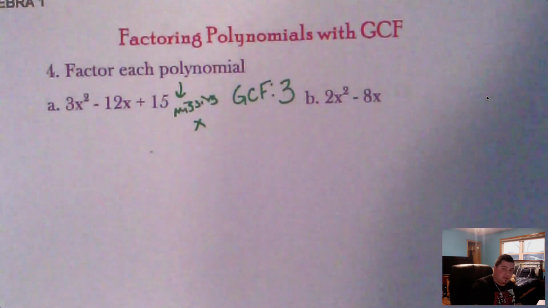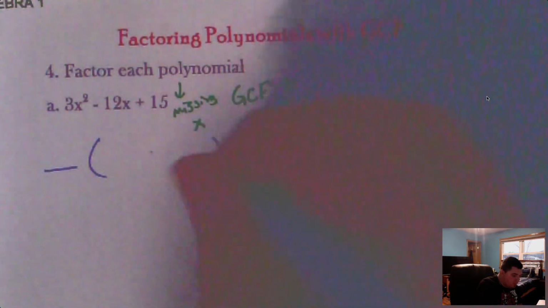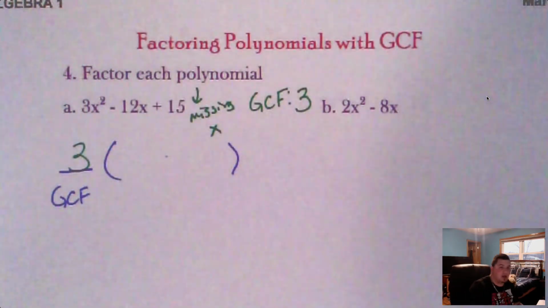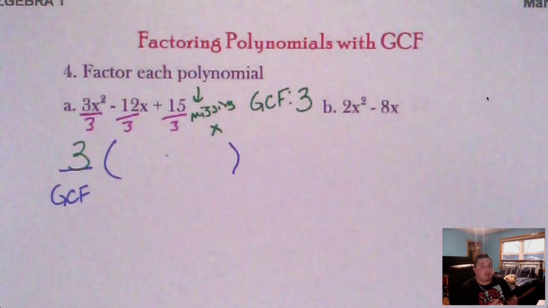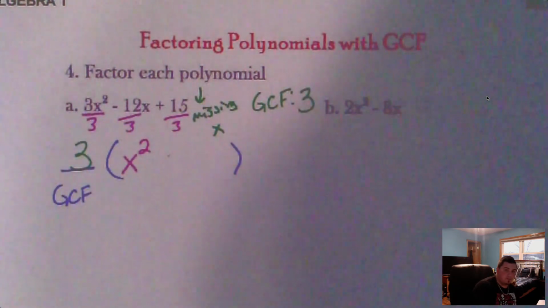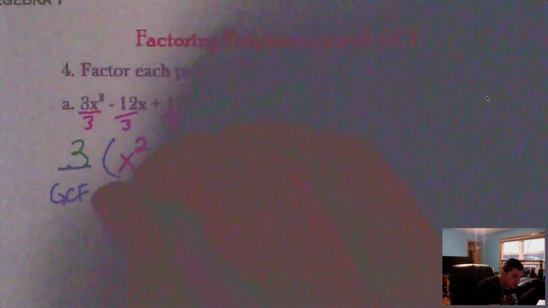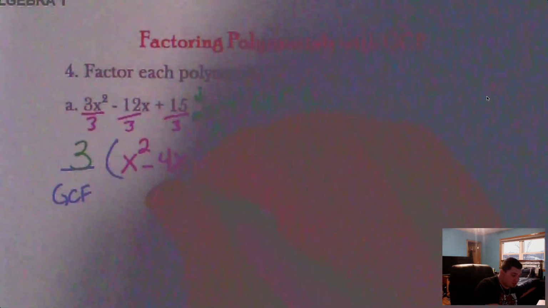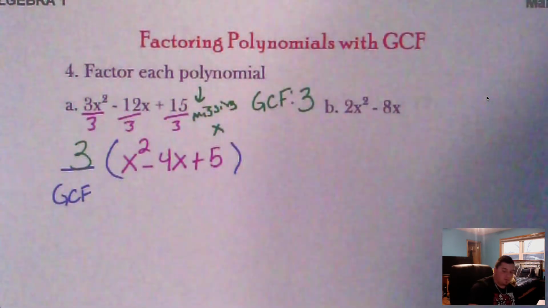It doesn't always have to be that whole number. Again, it could be part of it if we have something bigger than 3. So now when I factor using it, the GCF always slides on the outside. So the GCF was 3, it goes on the outside. Now we take the GCF and we divide each term by it. 3x squared divided by 3 leaves just x squared. Negative 12 divided by 3 is negative 4x. And then plus 15 divided by 3 is 5.